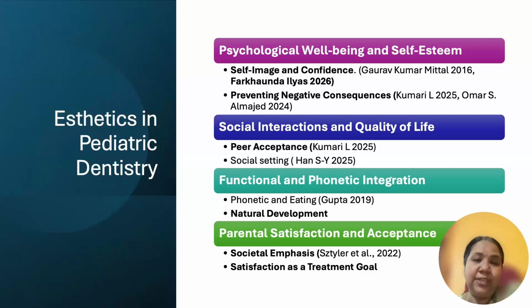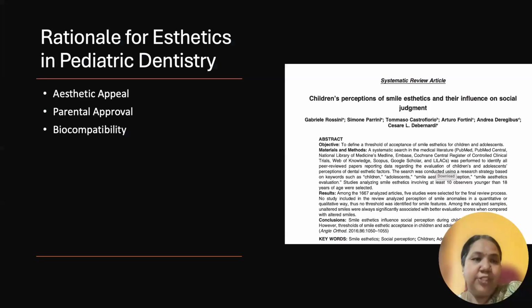And of course, the societal emphasis is something that we have to keep in mind, and also the satisfaction that a parent feels when the treatment is done. So basically, if we look for the rationale for aesthetics, what else is there? We're looking at an aesthetic appeal. Yes, that's very important. We're also looking at parental approval.